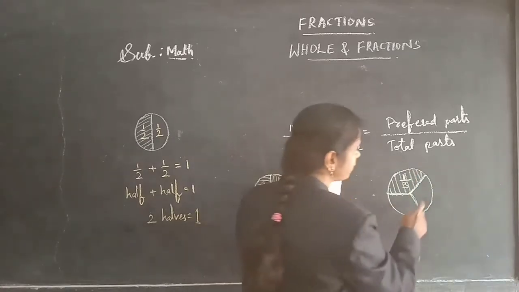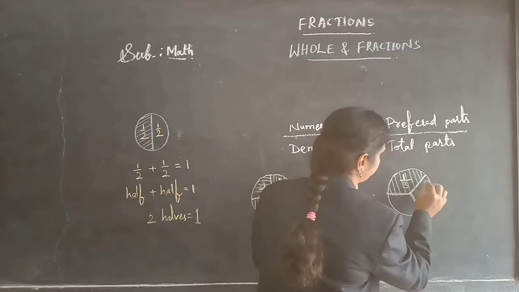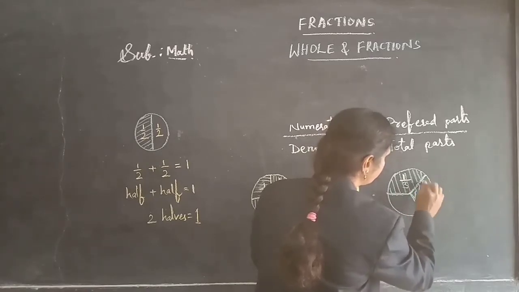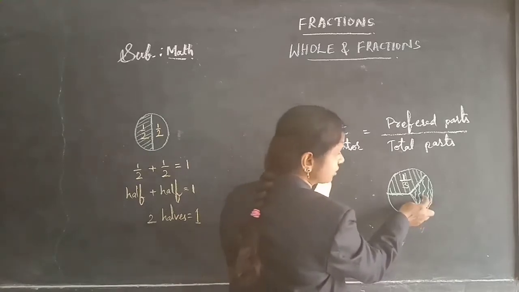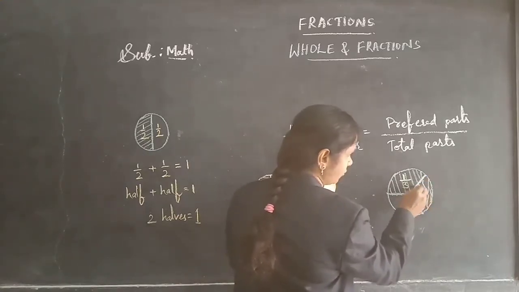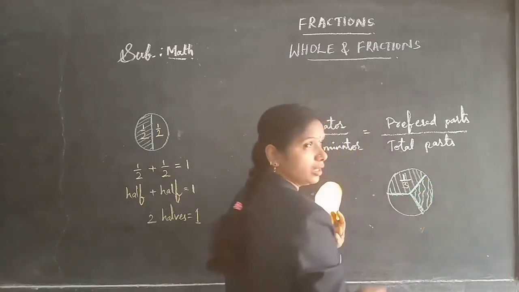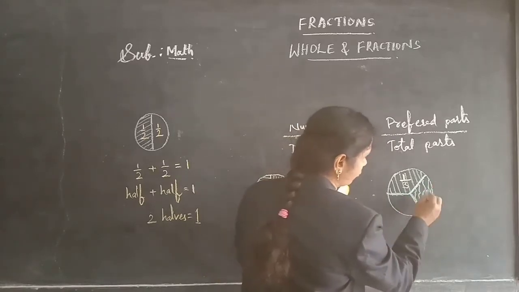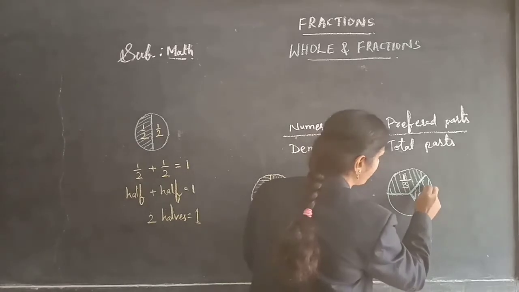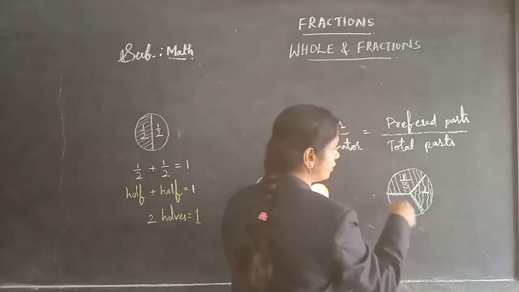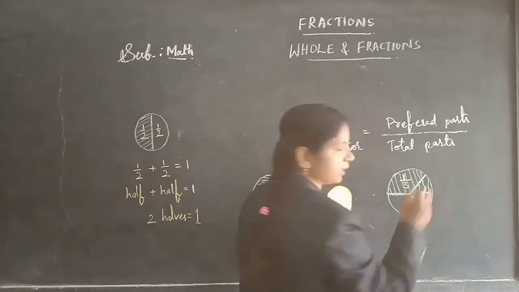Now I am writing the fraction for this. See, I have taken the other whole lines. So I want the fraction for this part. What is the fraction here? 1 only for this part. So one part I am preferring, and the total parts are 3.